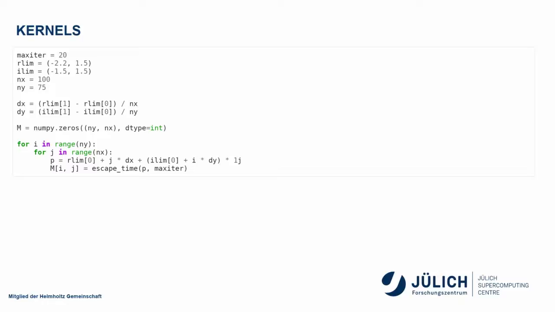Here we have our Mandelbrot set again. And look at these two loops here, i and j. Each ij pair actually creates a particular point in the complex plane. And then for each of these points, I calculate the escape time and then assign it to mij.